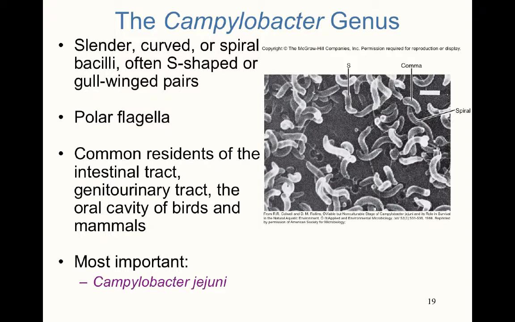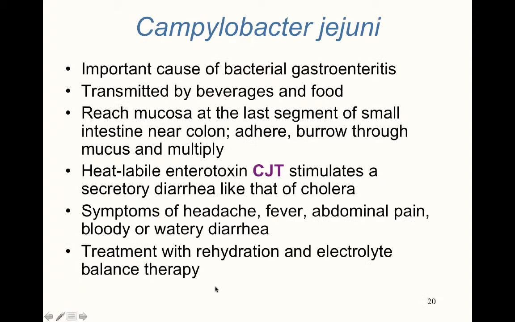Moving on to Campylobacter. So Campylobacter can be seen existing as the Vibrio-shaped, spiral, or the S-shaped, or even in pairs. And this is a common resident of the intestines, genitourinary tract, also the oral cavity of birds and mammals. So the one that I'll focus in on here is jejuni.